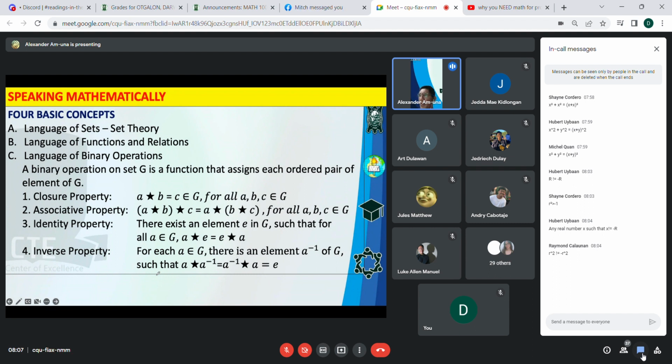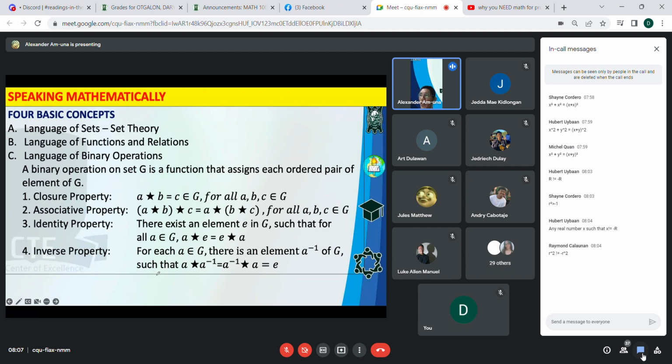So when we say binary operation, what do you mean by that? A binary operation on set G is a function that assigns each ordered pair of element of G. So these are some of the basic operations, some of the properties.